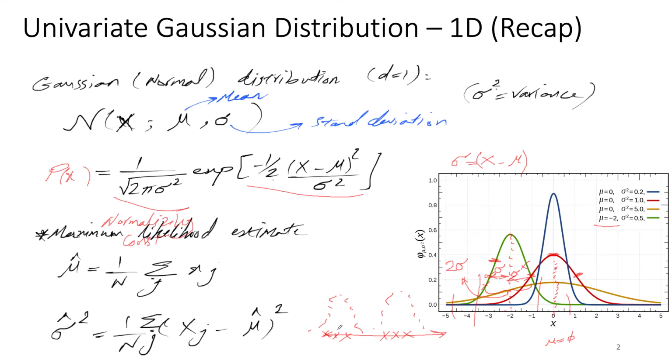The real Gaussian distribution could have been this, or this. That was the true case with its own mu and sigma squared. But this one is your estimate, given your data. You sample from your data, and you found an estimate using this. So these are the ones with hats as estimates, and the probability as well.